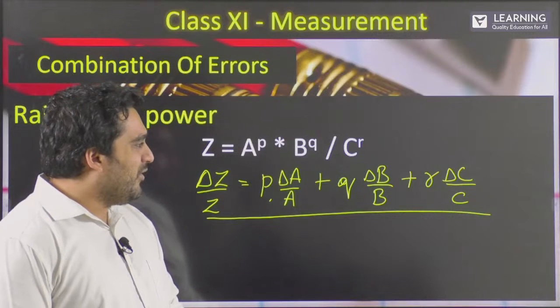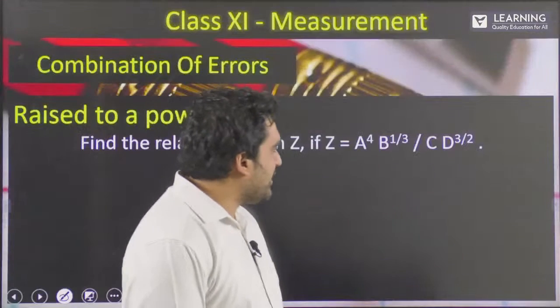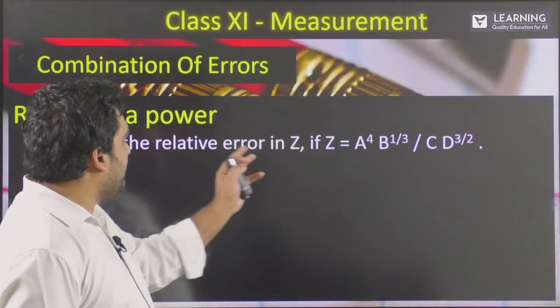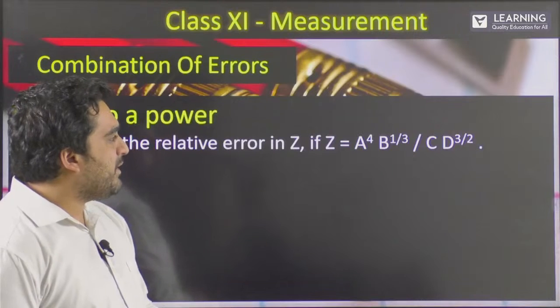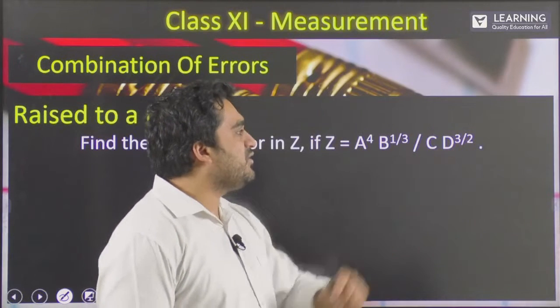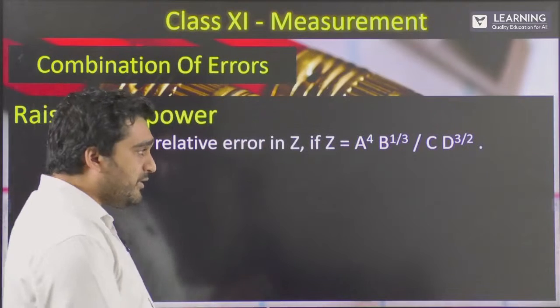All right, so let's take a look at an example. Find the relative error in z if z equals a to the power of 4, b to the power of 1 by 3, c and d to the power of 3 by 2. Simple.